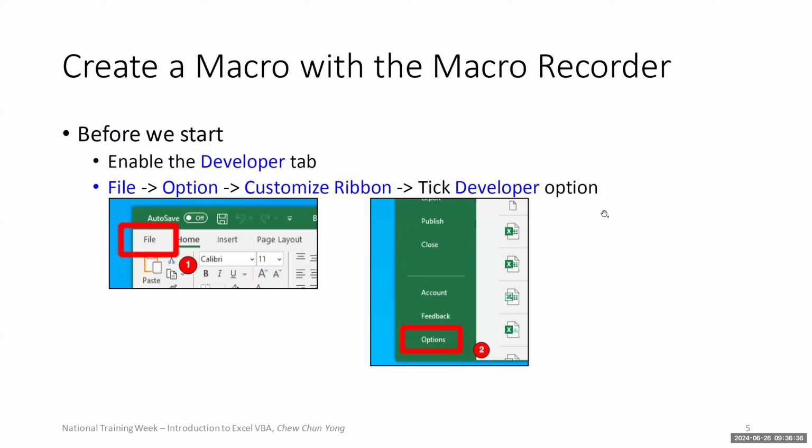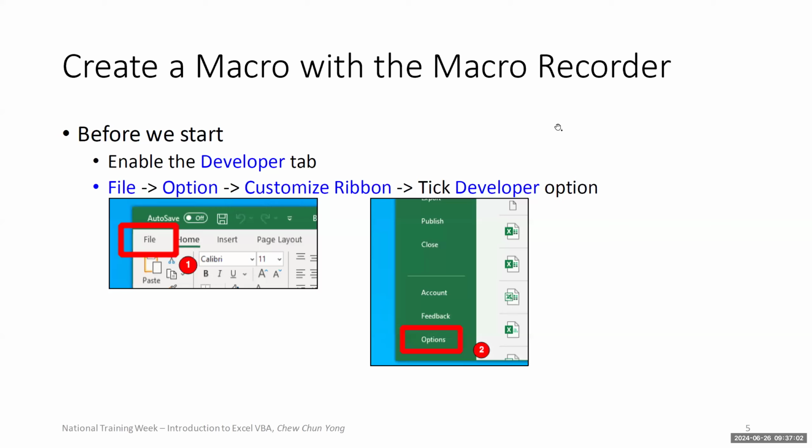Now let's look at how we perform a macro recording. Macro recording basically means we want to record what we are doing with the Excel file and then replay that later. That means we want the macro to be replayed later, so we can repeat that action, for example, by pressing a keyboard shortcut key or clicking on a button.